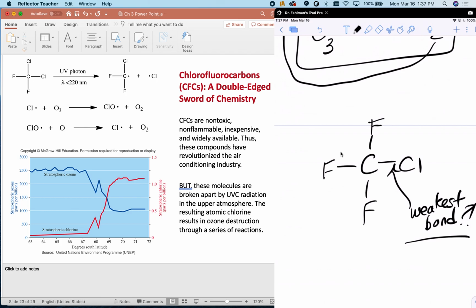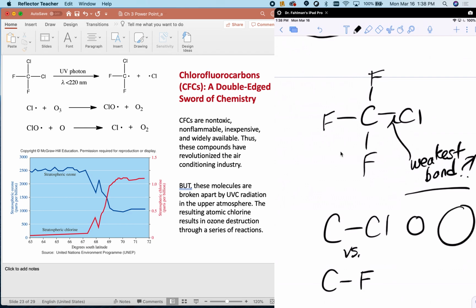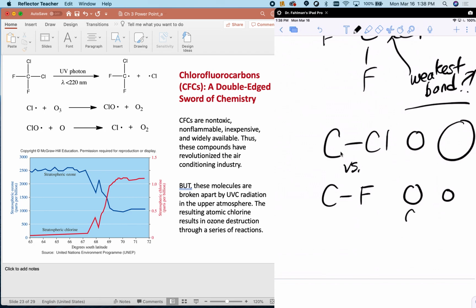And so the reason for that has to do with the orbitals that are involved. When you're forming a bond between a carbon and a chlorine versus a carbon and a fluorine, the easiest way to think about it is the size of the atoms.